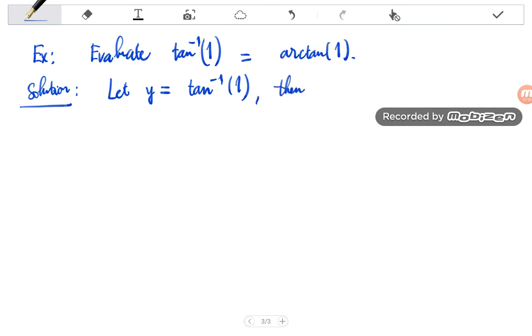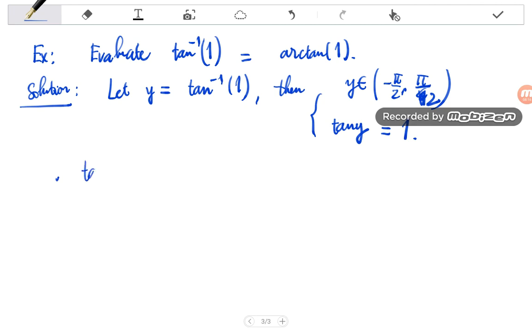Then, by the definition of the inverse function of tan, we have y must lie in the open interval minus pi over 2 to pi over 2. And of course, the value of tan at y must be 1. To find y, we must solve the equation tan y equals 1, and then choose one solution in the open interval.